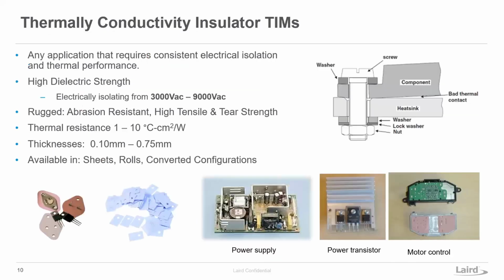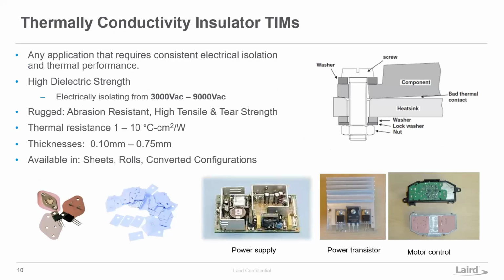So taking a look at each of these product families, thermally conductive insulators are what they say they are, right? They're insulators. In designing insulators, they really need to be rugged.